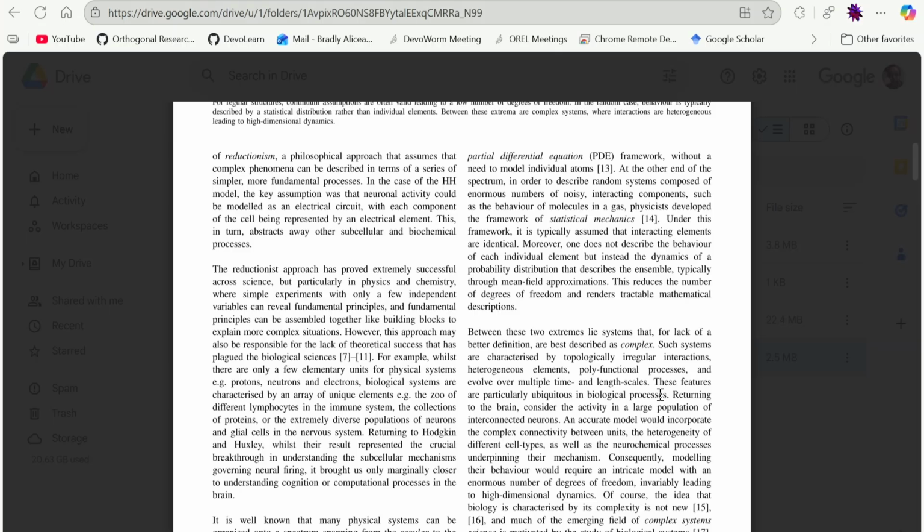We can remove a lot of that complexity and get down to the basic physics of the process. Are we missing something with Hodgkin-Huxley? I mean, we may be missing things. Hodgkin-Huxley is predictive. It gives you good answers. You can characterize a lot of things with Hodgkin-Huxley, but it doesn't describe the biology in the same way that maybe a complex systems model would.